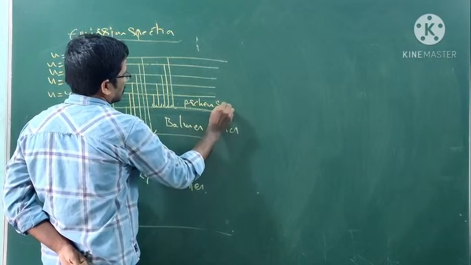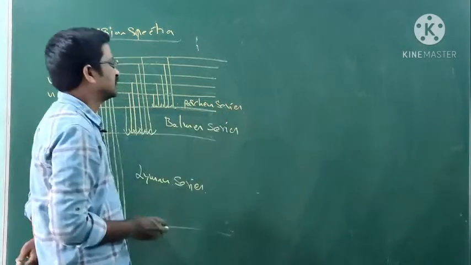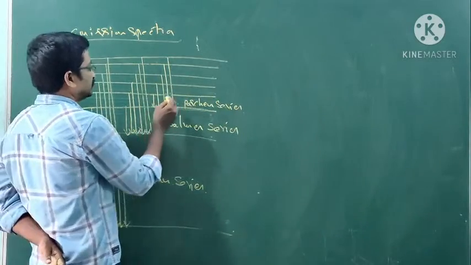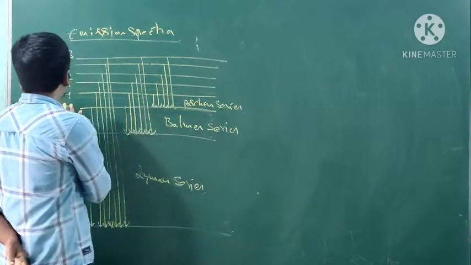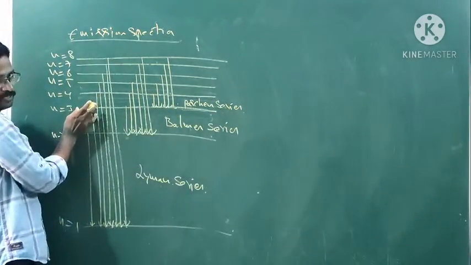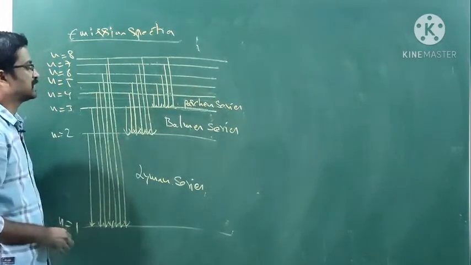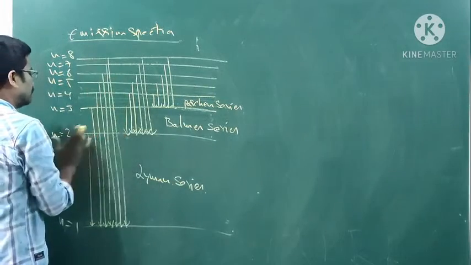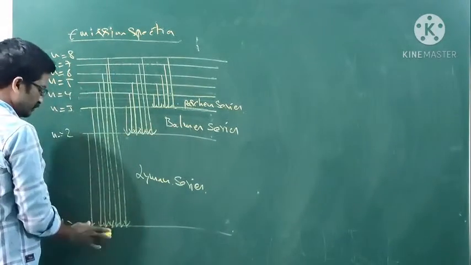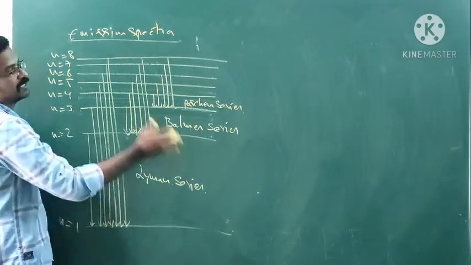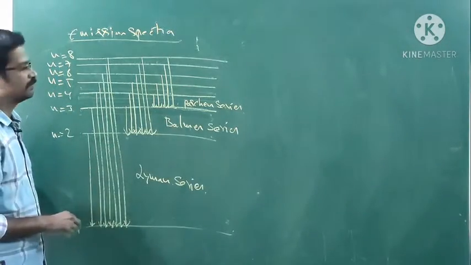Okay, Paschen series. Any level to the third level is known as the Paschen series. Any level to the third level gives the Paschen series. Any level to the second level, Balmer series. Any level to the first level, Lyman series. Like that you can remember easily.